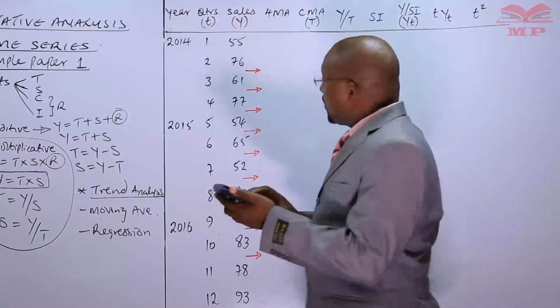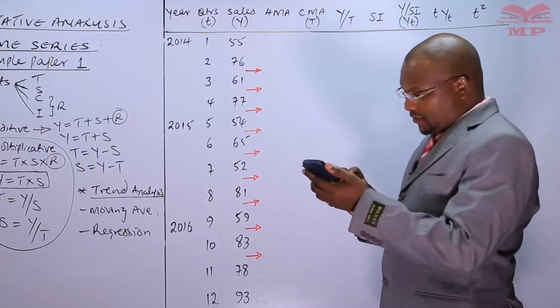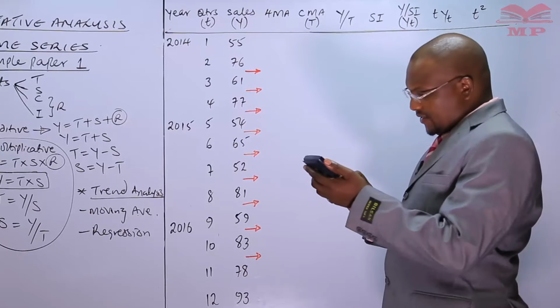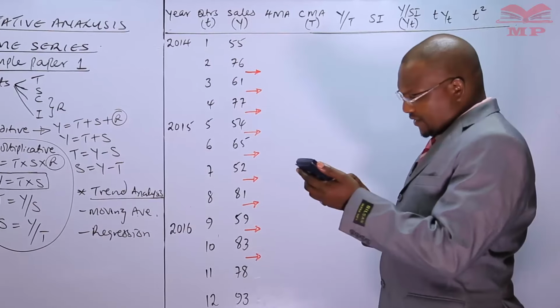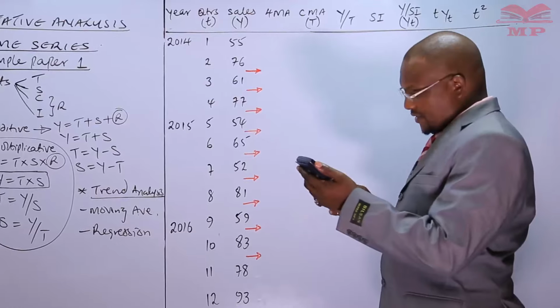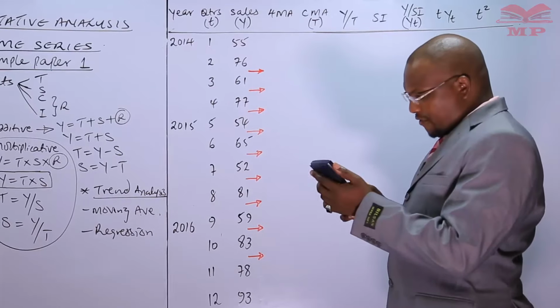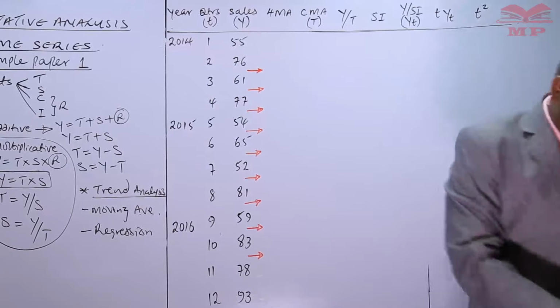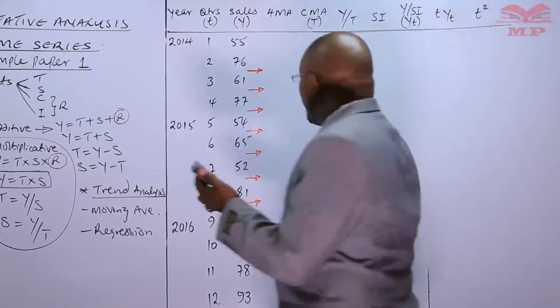So that now we can indicate that 55 plus 76 plus 61 plus 77, I divide by 4. My answer is going to be 67.25.